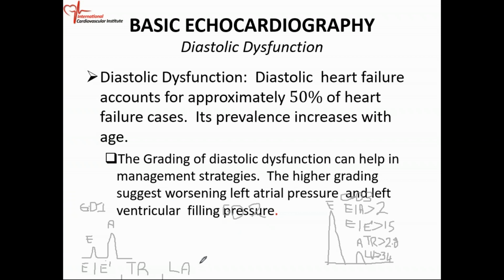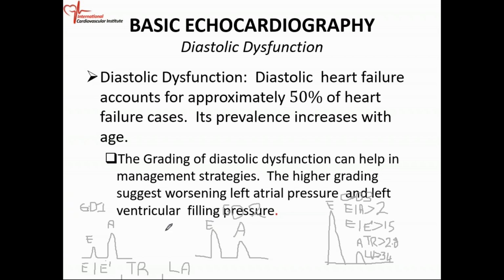The easy grade 2 is the patient who has what we call pseudonormal. They're going to look pretty much like they're normal. So the E is going to be bigger than the A, but the E to A ratio is not going to be greater than 2. It's going to be less than 2. So it looks normal, but these patients are very sick.